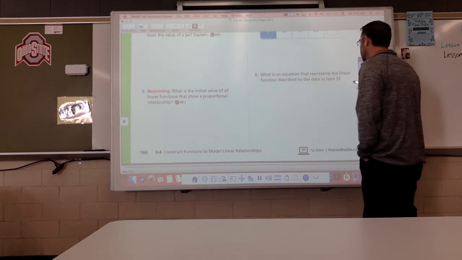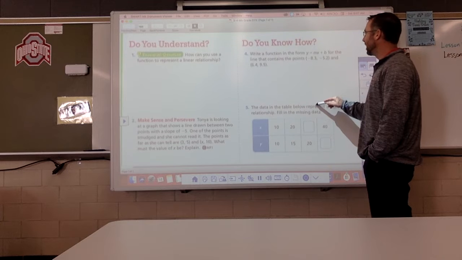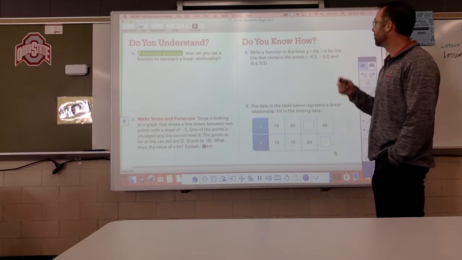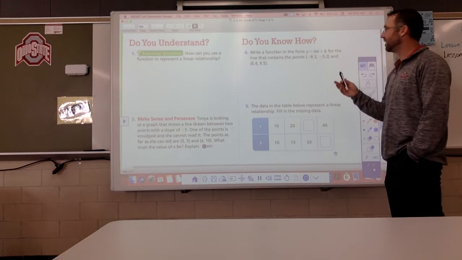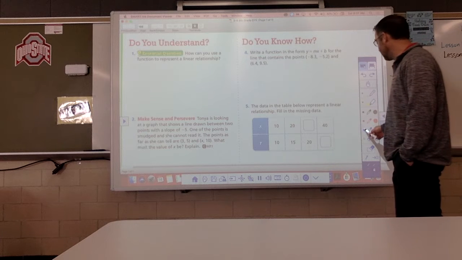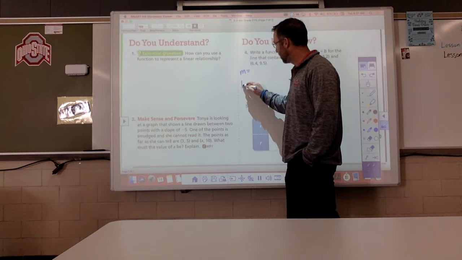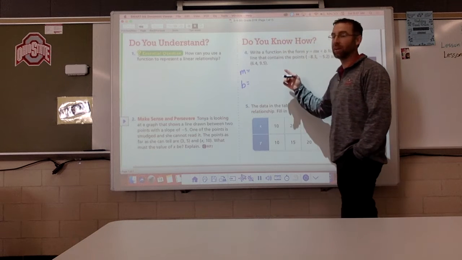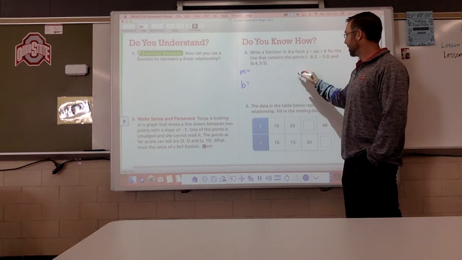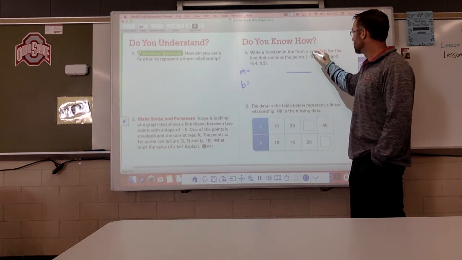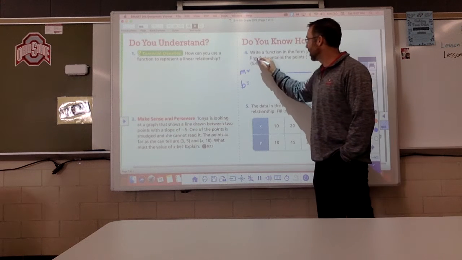Here we go. Number 4. Write a function in the form of y equals mx plus b for the line that contains these points. Okay, find the slope. I'm going to put an m over here, and a b over here. We got to find the slope. Oh, yes, nice numbers. X value, Y value, X value, Y value.